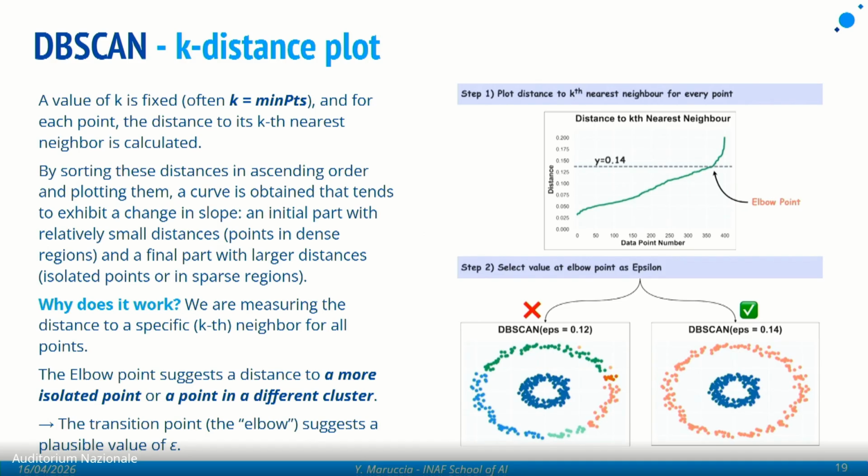We fix the k, which is usually equal to min points, and then we sort the distances that we obtained, and then we see where the elbow is at the end. And this is important because, as you can see in these two figures, some very small variation of the epsilon parameter can give us very different results at the end.